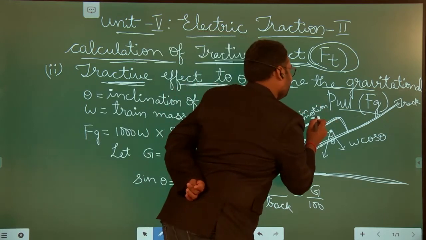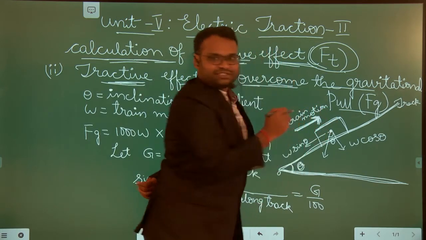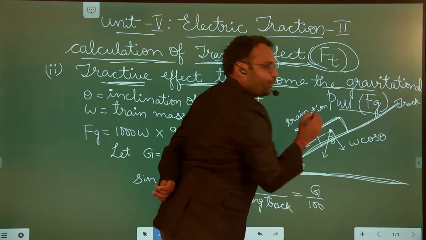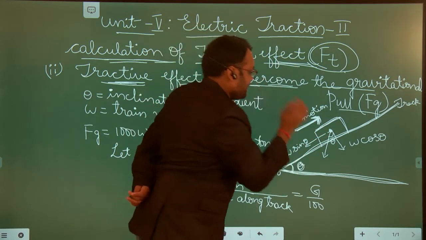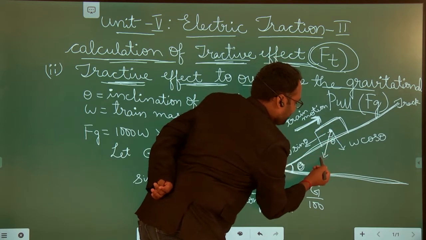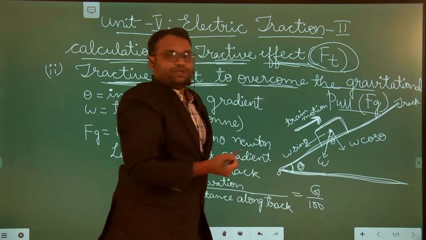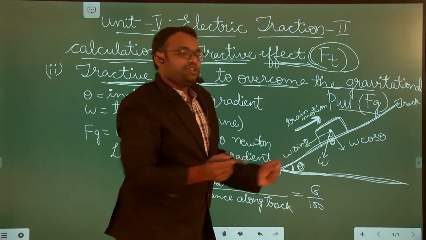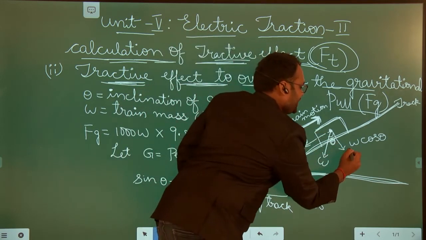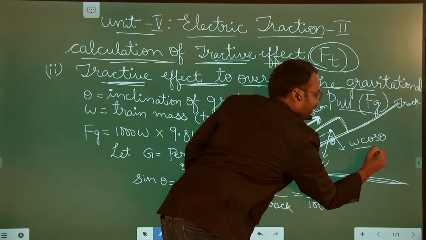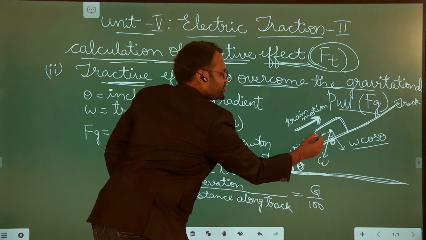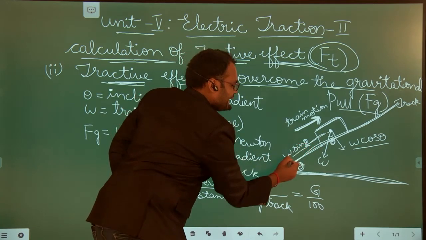If you resolve the components, where this is W and this is the elevation angle theta, this component is resolved as W cos theta, and this component as W sin theta.